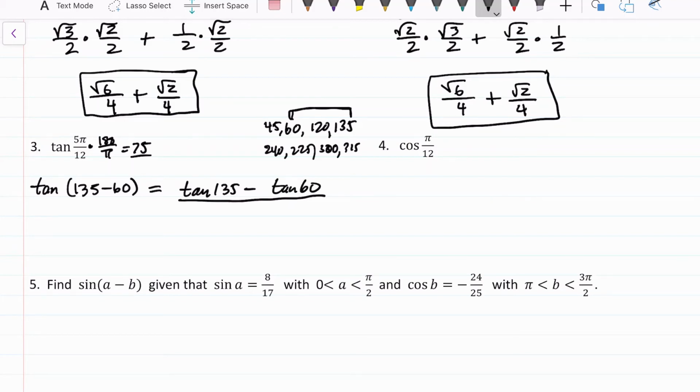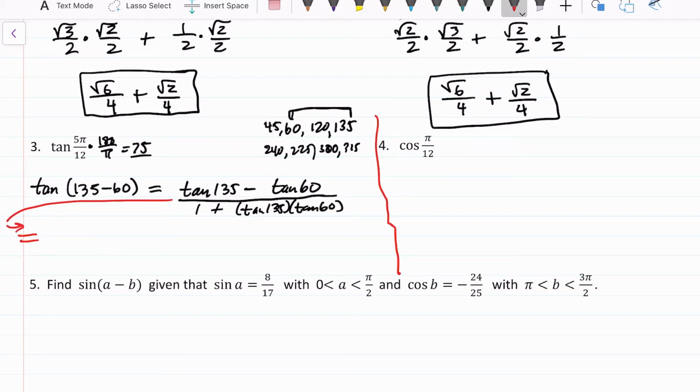Again, I'm using the formula, plus tangent of 135 times tangent of 60. Next will give me negative 1 minus radical 3 at the top, because this is negative 1, this is radical 3.